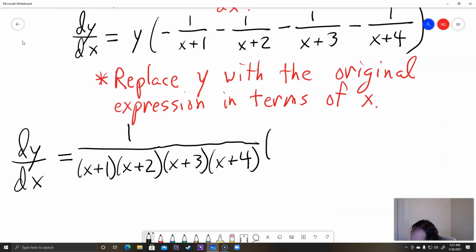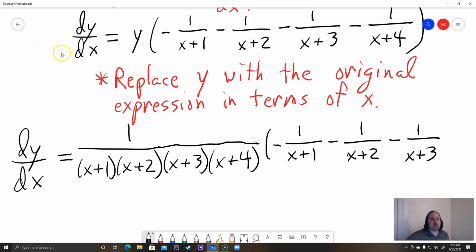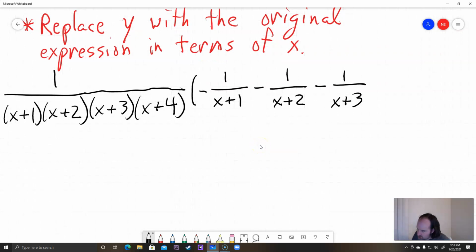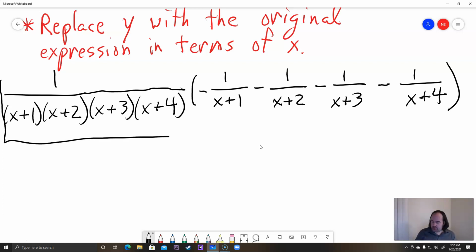So this is times negative 1 over x plus 1 minus 1 over x plus 2 minus 1 over x plus 3 minus 1 over x plus 4. Okay, and that right there is the answer that we're looking for.